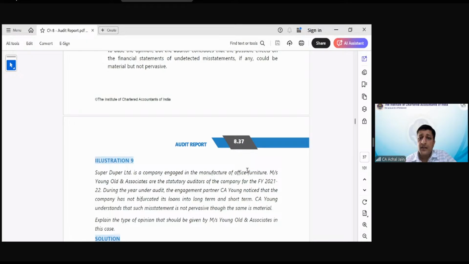Great. So I can see this response from Prem. He's saying qualified opinion because the misstatement is not pervasive. Shreya says it's not pervasive but material, so therefore it has to be qualified. Almaz is also saying qualified opinion. Very good. So I think it's quite clear.